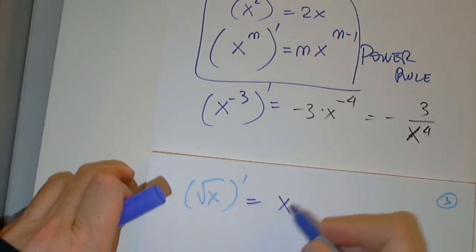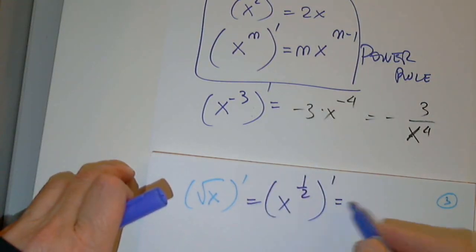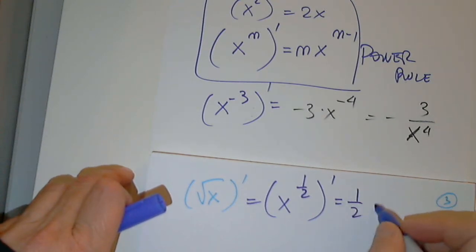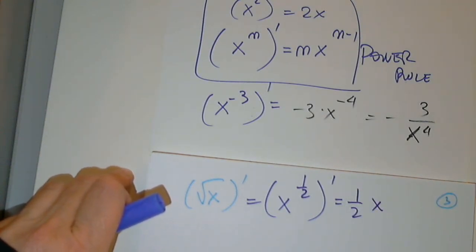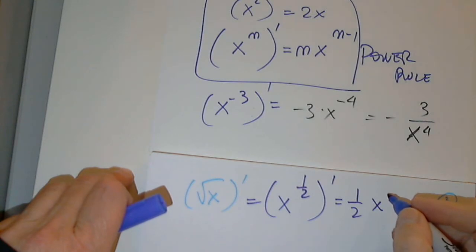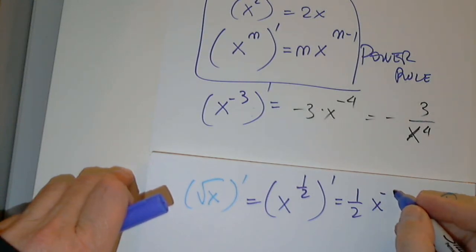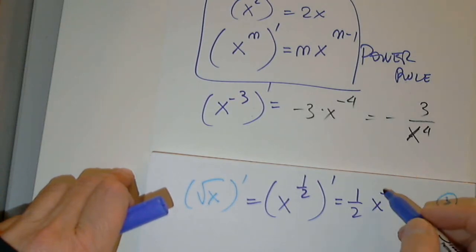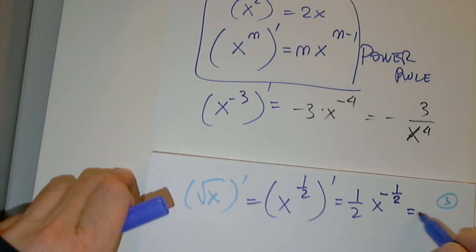One half. Very good. So please bring down the power. Please subtract 1 from the power. 1 half x to the negative 1 half. Very good. As expected.